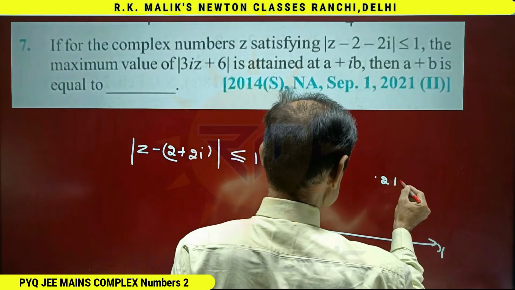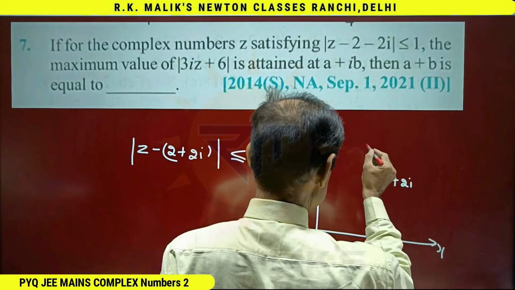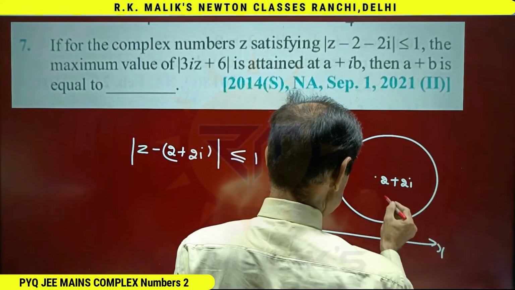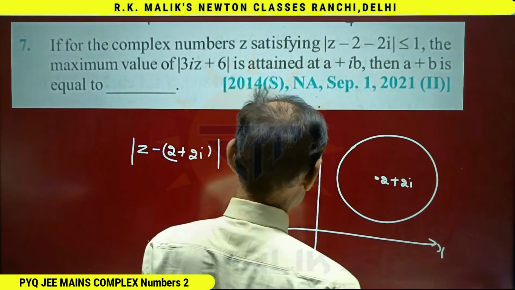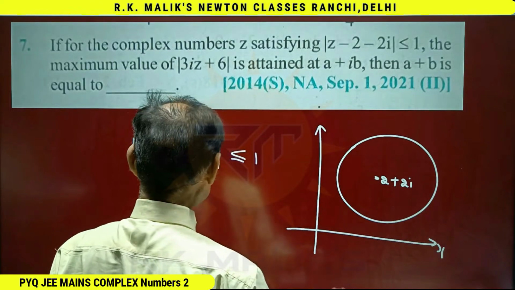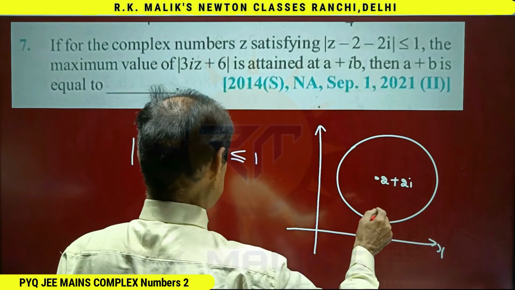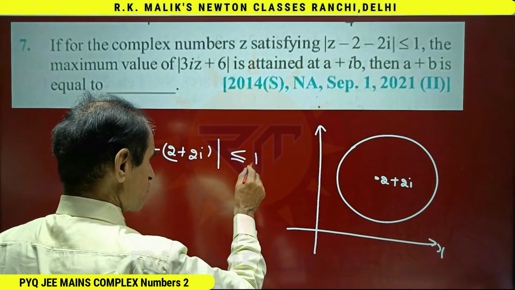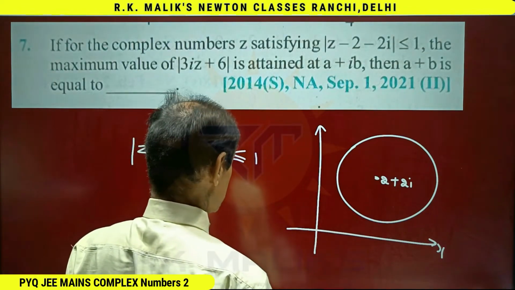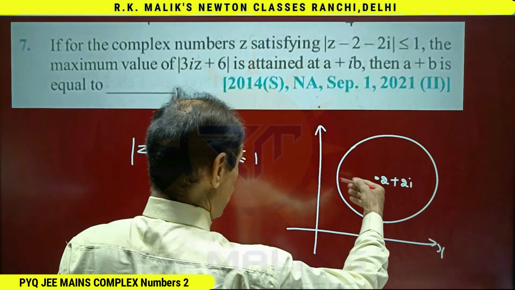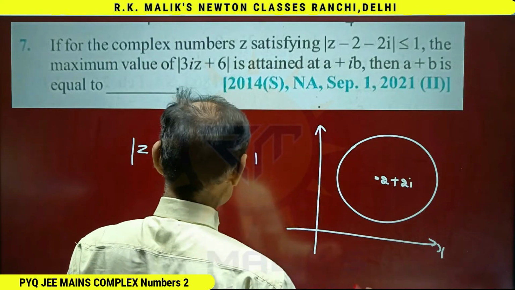2 plus 2i is somewhere here. This is a circle with center 2 plus 2i and radius 1. All the points on the boundary and inside will be at a distance of 1 or less than 1. That is, this inequation represents all the points on the boundary and inside.